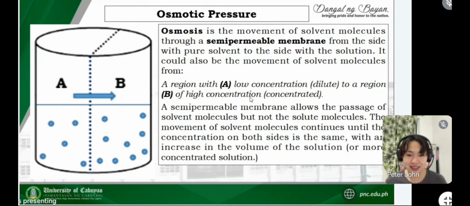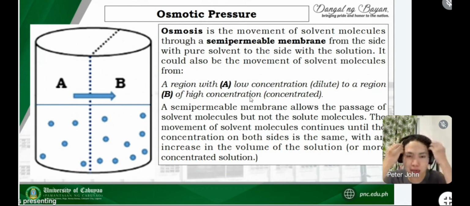Next, a semi-permeable membrane allows the passage of a solvent molecule but not the solute molecule. The movement of a solvent molecule continues until the concentration of both sides is the same, with an increase in the volume of a solution or more concentrated solution.